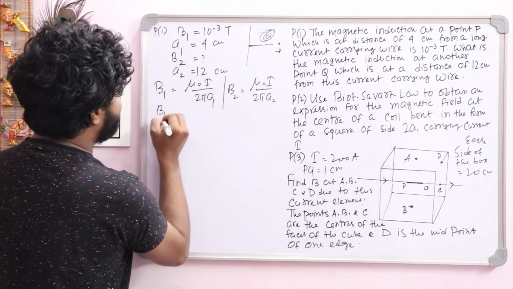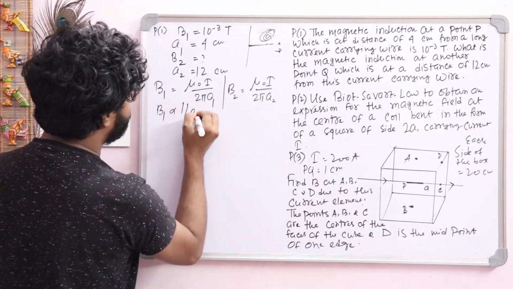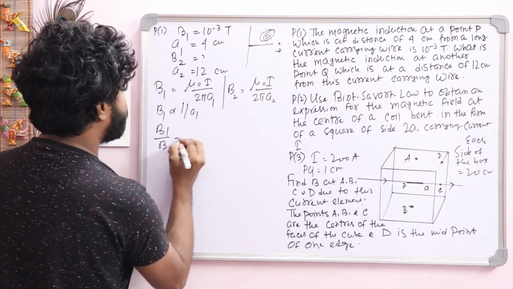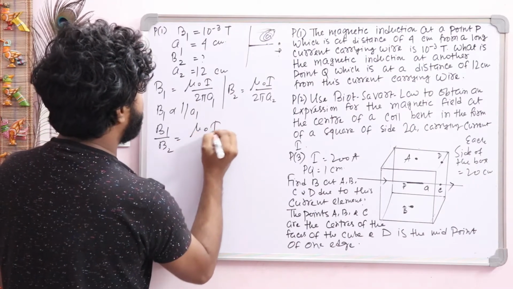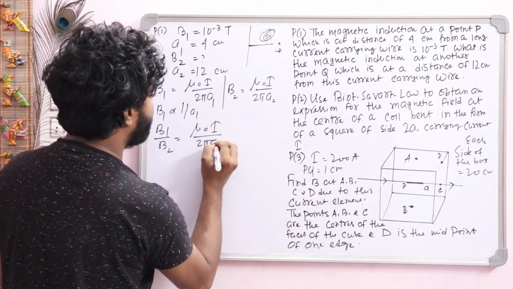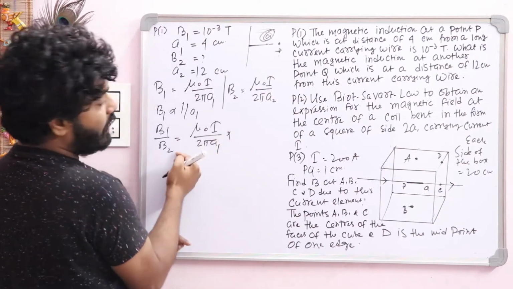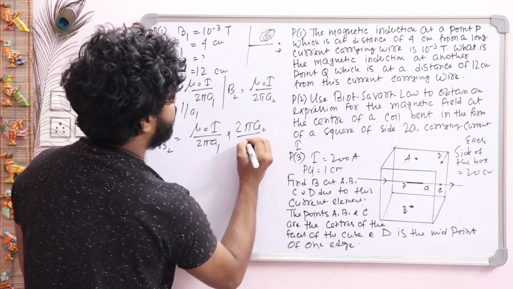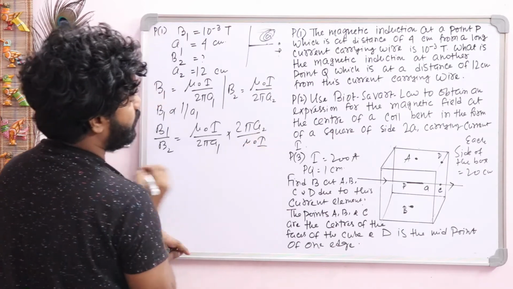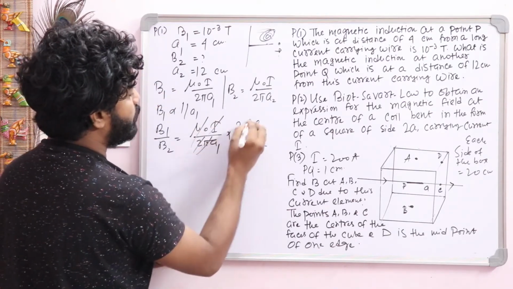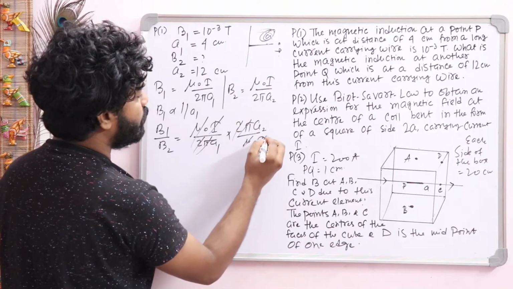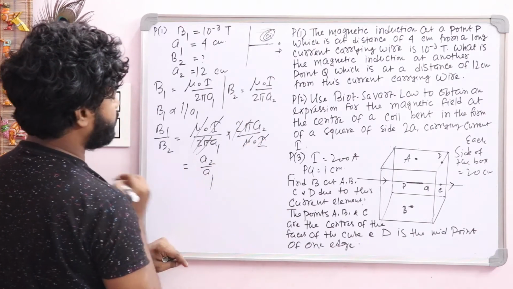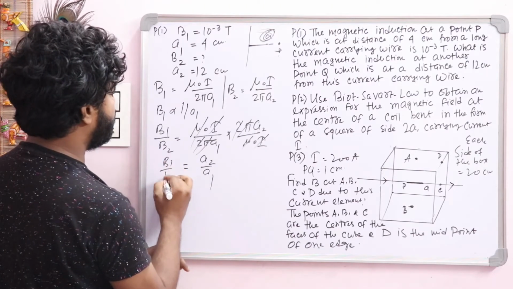So B is inversely proportional to a, so B1 by B2 will be mu naught I divided by 2 pi a1, divided by mu naught I divided by 2 pi a2. Mu naught, I, 2 pi, all cancel out, so this one will be a2 by a1, that is B1 by B2.